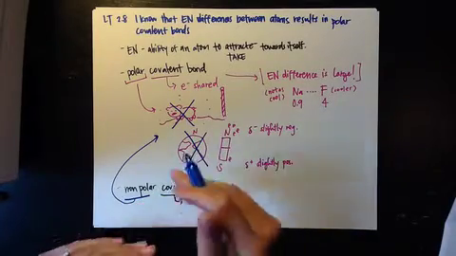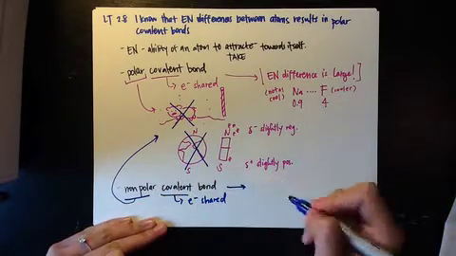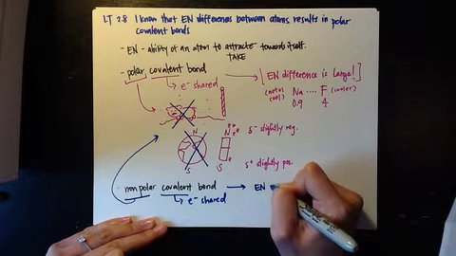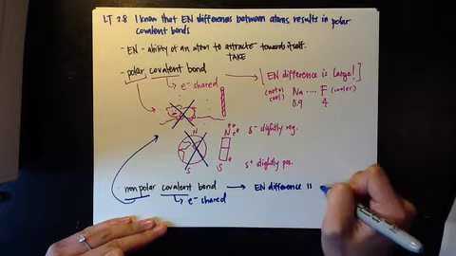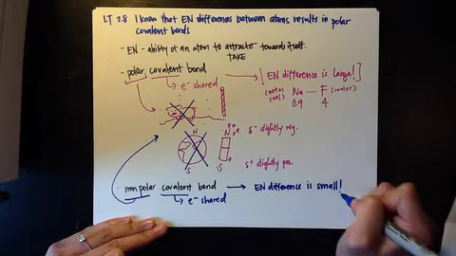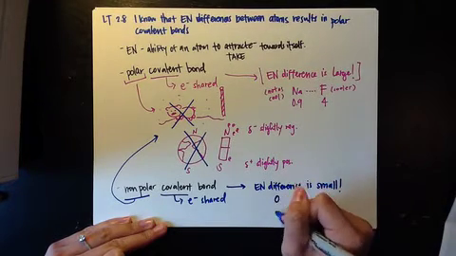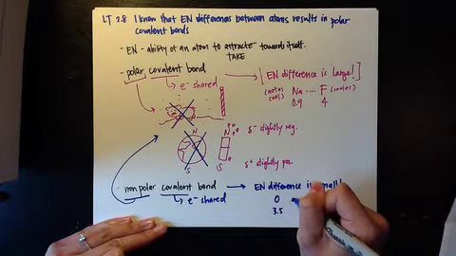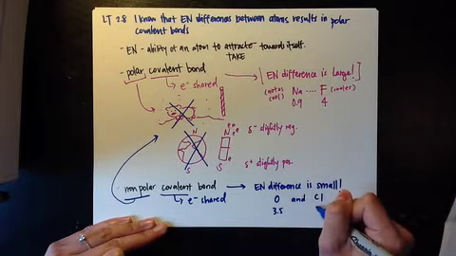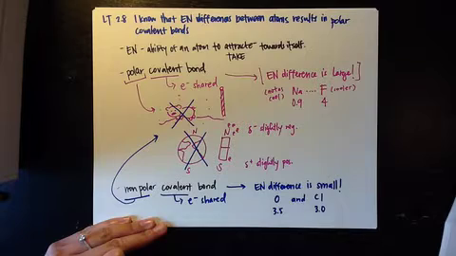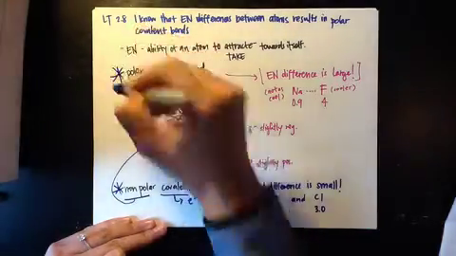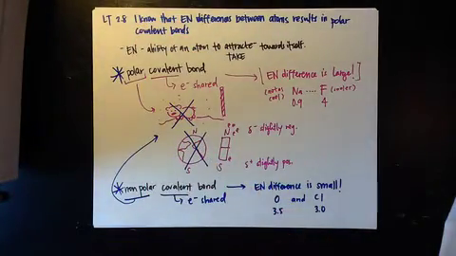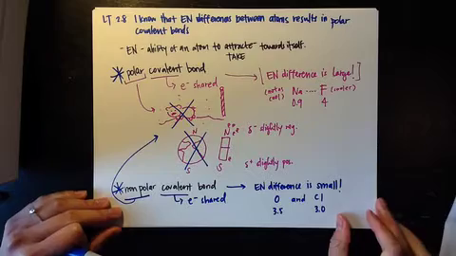There's no difference in electronegativity. So the electronegativity difference is small, so that would be something like O, which is 3.5, and Cl, which was 3.0. Okay, so these are your key ideas here: nonpolar covalent and polar covalent, and knowing the difference in electronegativity.